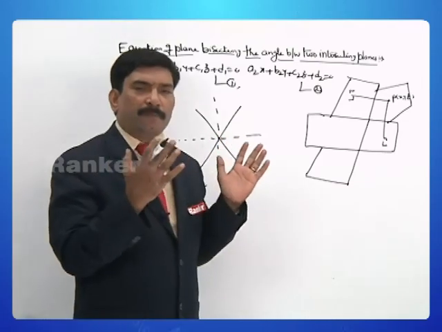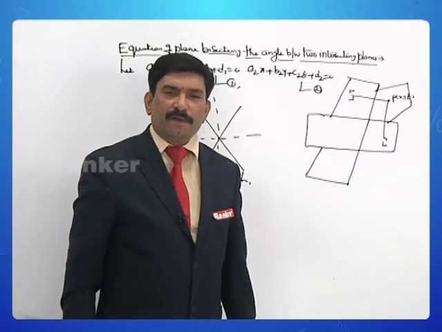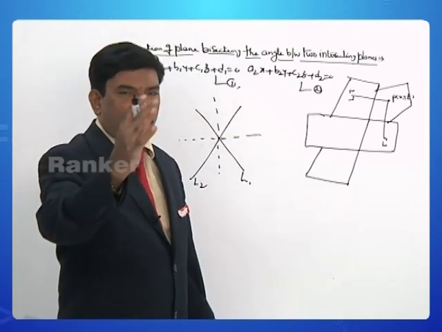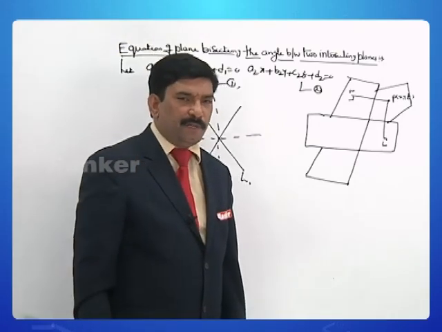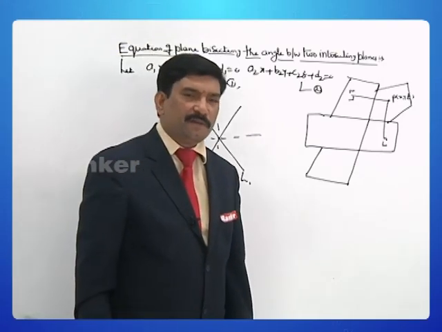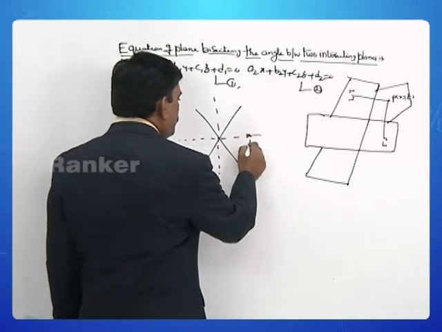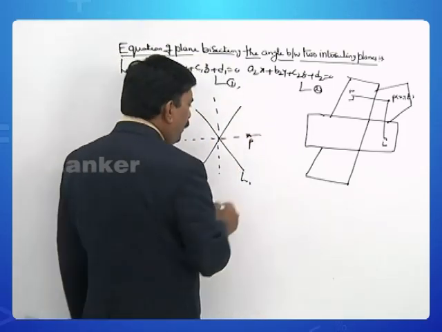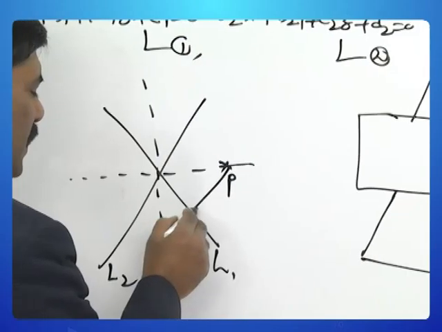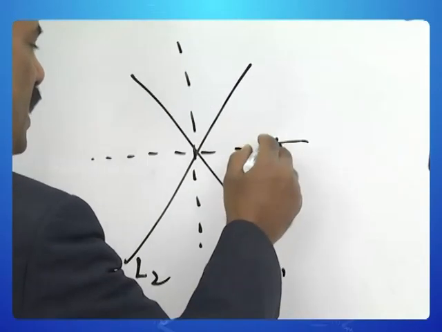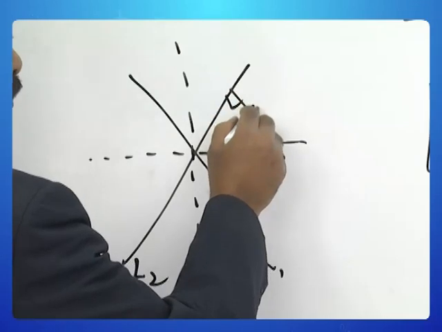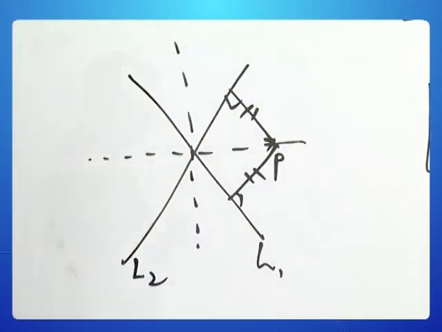They are of the form a1x plus b1y plus c1 is equal to 0, a2x plus b2y plus c2 is equal to 0. Now, if I select a point on this, the perpendicular distance to this line and to this line are always equal.